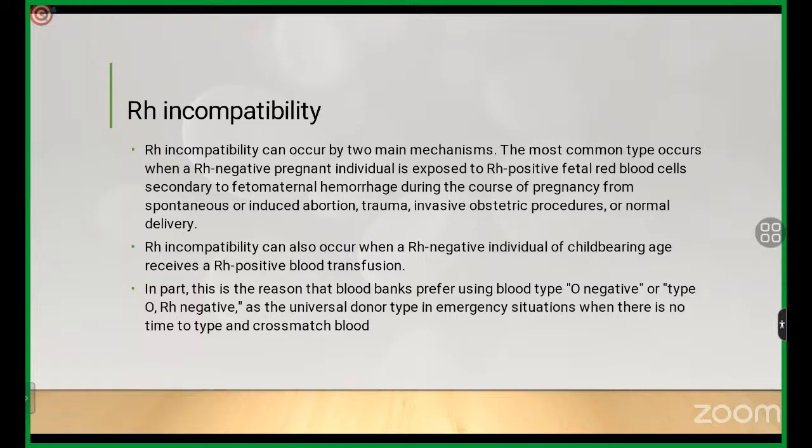So the absolute universal donor is O rhesus negative. However, in general terms, we usually talk about rhesus blood group O positive. However, that's not the absolute universal donor blood type. When it's rhesus negative, then it's the absolute universal blood, fit for donation.